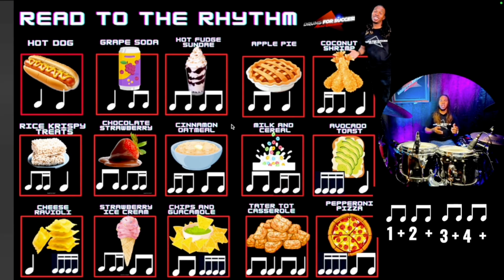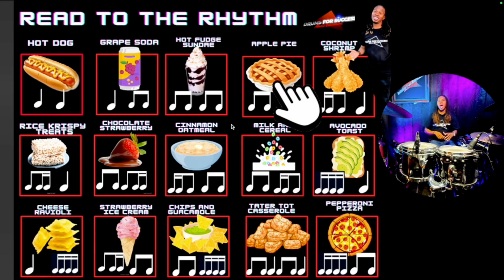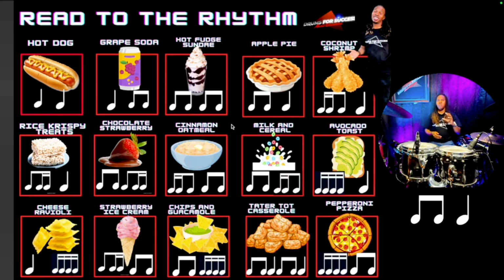But you see that you're already reading these rhythms just by knowing what they sound like, right? Now, if we look here, apple pie is literally just a mirror image of grape soda, just flipped around. So you already know what these rhythms sound like. You've played these rhythms already, but now you're going to play the rhythm backwards.